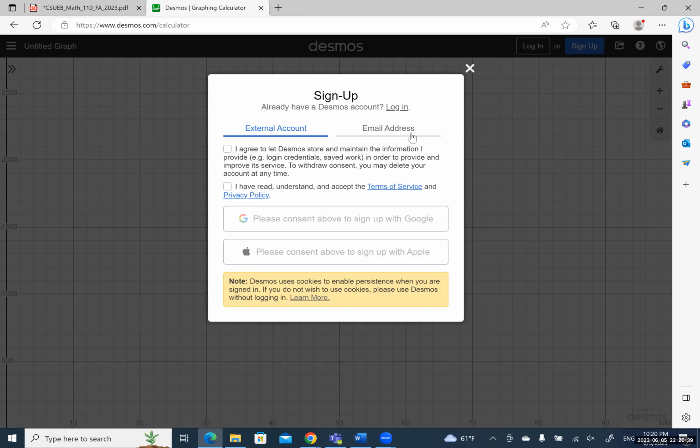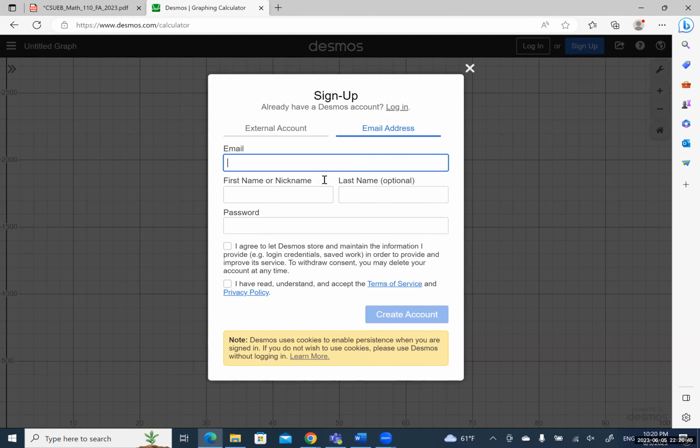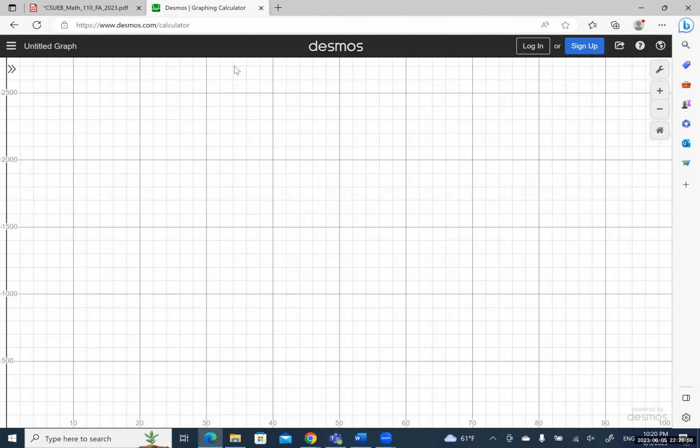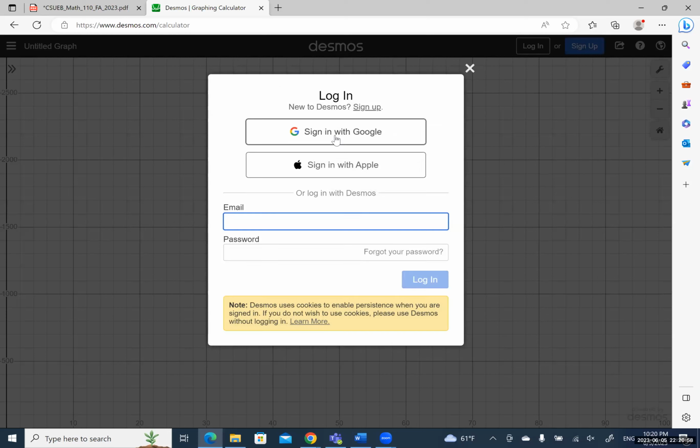You may use just a Google account or email address to sign up for Desmos, and after that you will have an account with Desmos and can work on it. I myself have my own one. So let me get into it and show you.